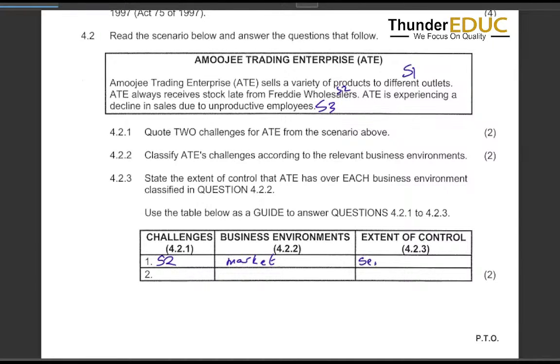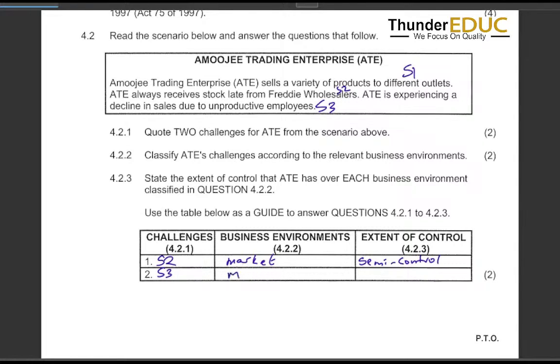So now here, this business has semi control. So now you also have the last sentence, which is sentence 3. And you should always bear in mind that whenever you're answering this particular type of question, you write the full sentence the way it does appear in a scenario. Don't shorten it, don't remove, don't add. So now if you check it, it says AT is experiencing a decline in sales due to unproductive employees.